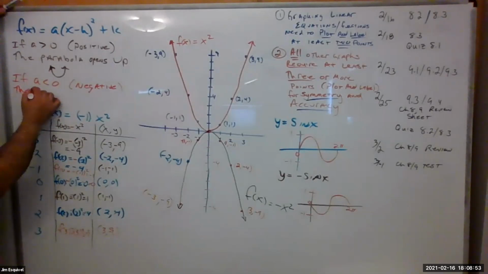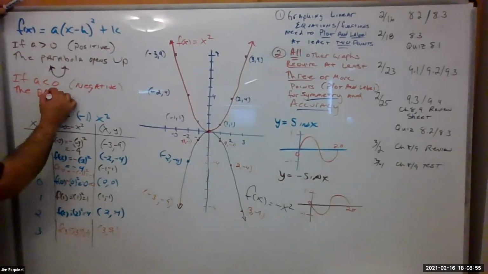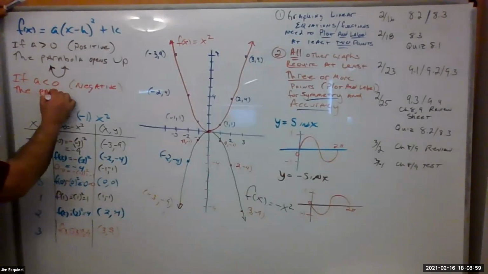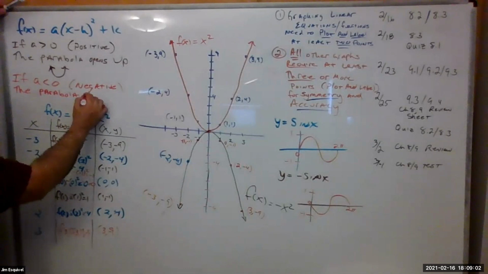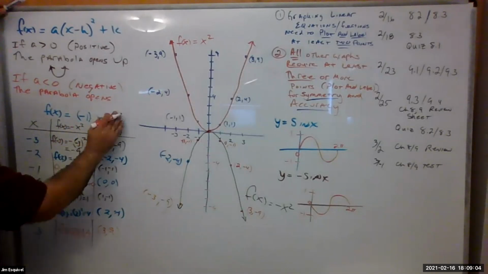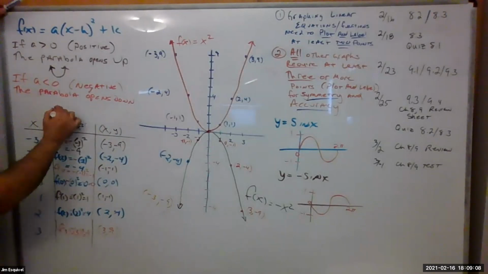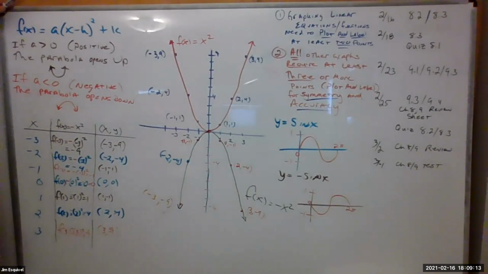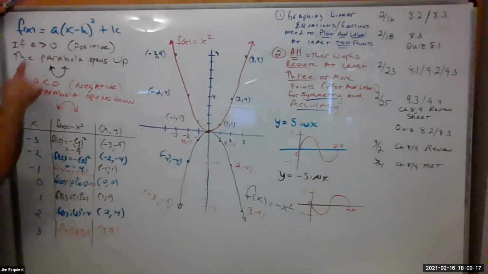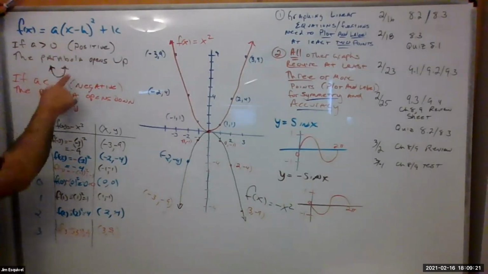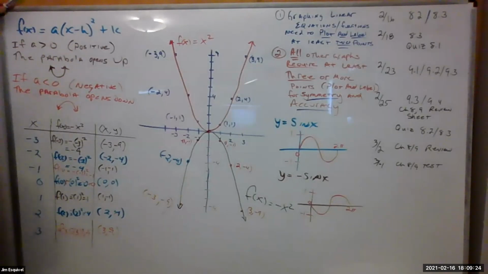The parabola opens down like a frown. So if the a in front is positive, it's going to open up. If it's negative, it's going to open down.